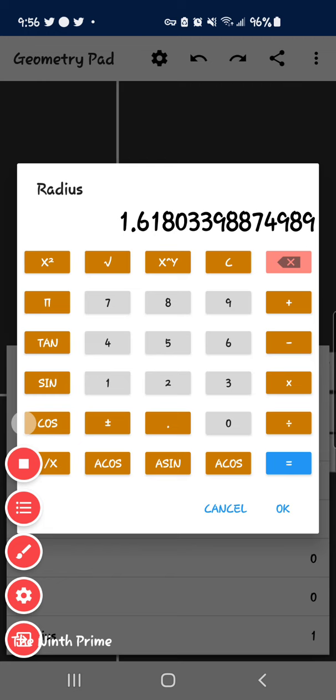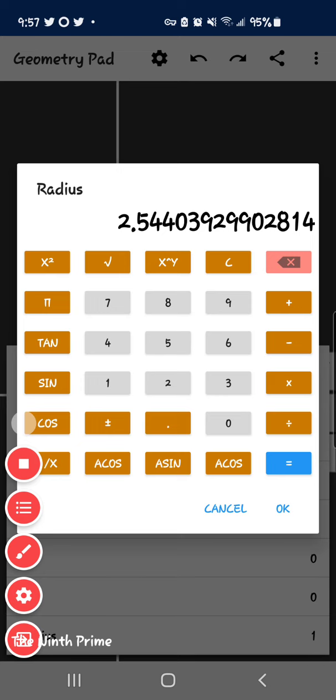It's still the same. After that, we take the square root, which gives us 1.272. And we multiply this by 2, so that in this way we get a radius of 2.544.